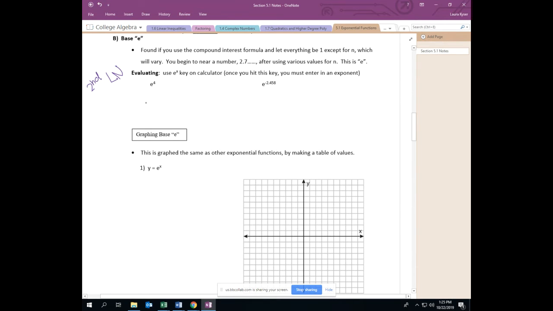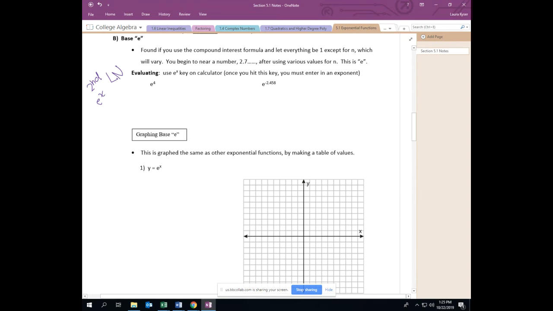If you look on your calculator behind the ln button, you should see as a function of your natural log button a little thing that says e to the x power. This second ln is what brings up e to the x power on your screen. And then you can enter in whatever the exponent is supposed to be. And when you hit equals, it's going to evaluate it for you.